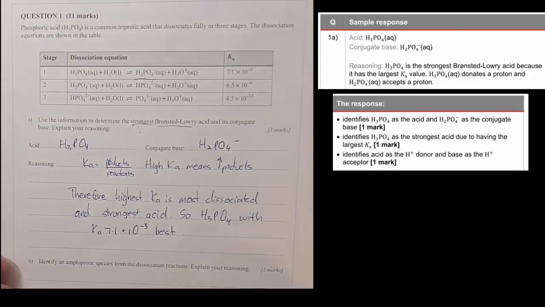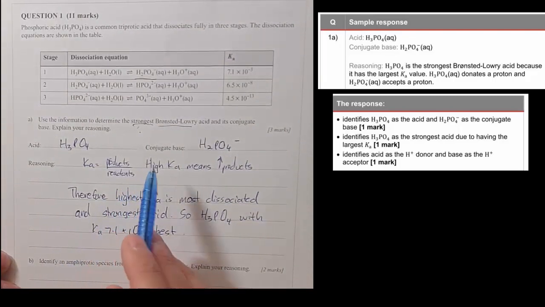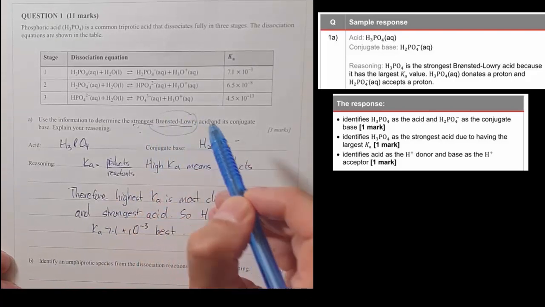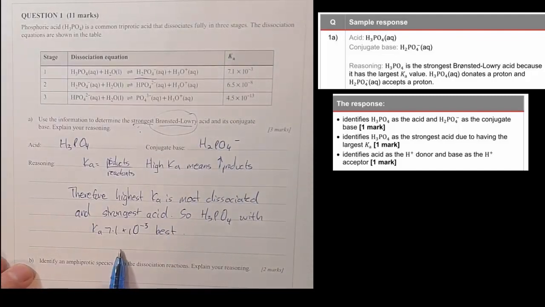Oh well. That's what God mode's about, okay? For some reason, you need to also explain what a Bronsted-Lowry acid is, even though they're all Bronsted-Lowry acids and bases. That's a nasty one. I'd like to see the stats, actually. But anyway, let's move on.